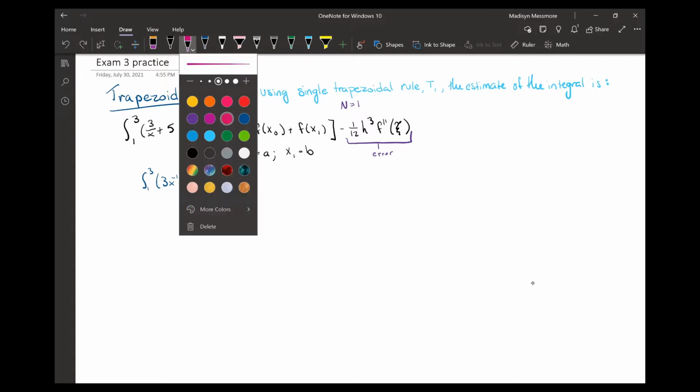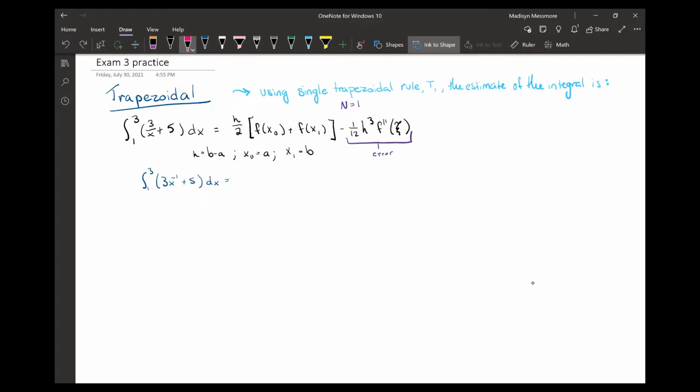I'll make it pink. I like to keep my things separated, especially when I'm finding the constants. So h would be, in this case, 2. X sub naught is 1. X sub 1 is 3.